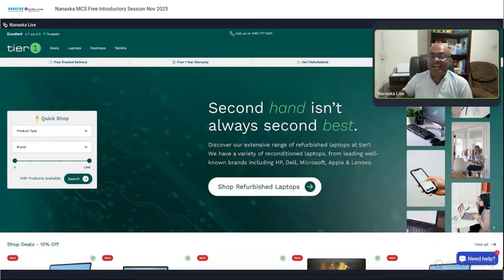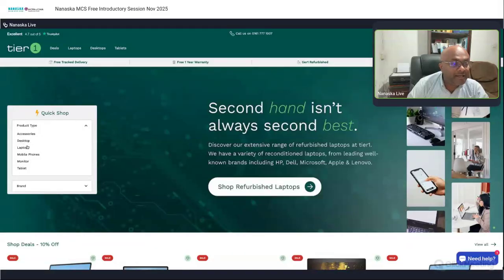That's why they say second hand isn't always second best. Discover our extensive range of refurbished laptops at tier 1. We have a variety of reconditioned laptops from leading well-known brands, including Apple, Microsoft, HP, Dell, and Lenovo. They have everything. And here they are asking, what product do you need?